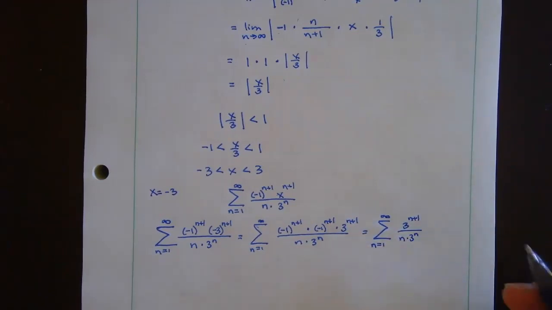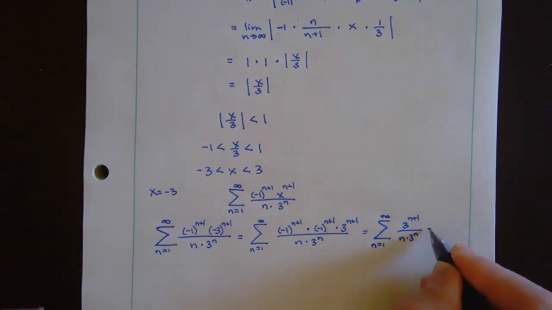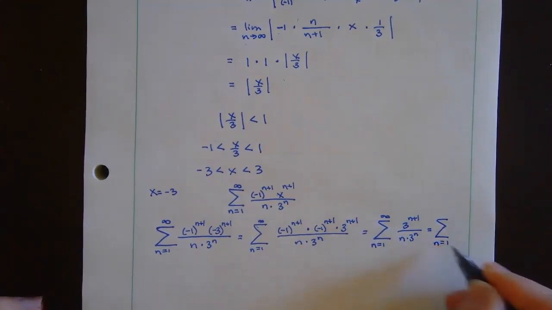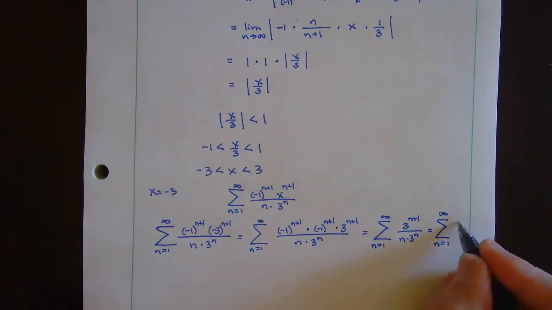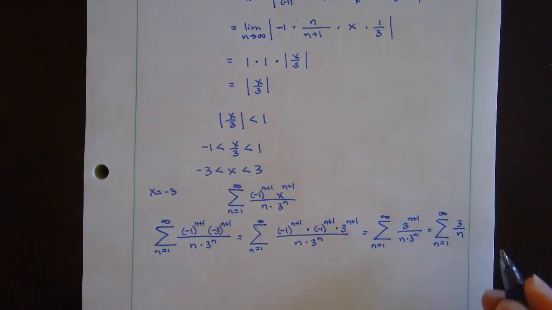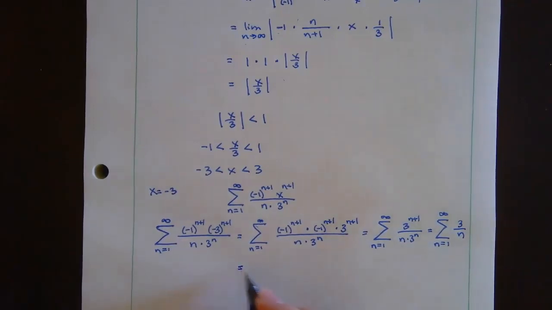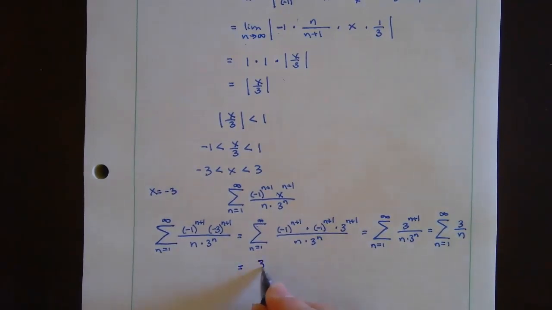We can clean it up even more. And this is the sum from n equals 1 to infinity. And this becomes n plus 1 minus n in the exponent, right? So that's going to be 3 over n. And that can be rewritten as 3 times the sum from n equals 1 to infinity of 1 over n. That's the harmonic series, and it diverges, right?